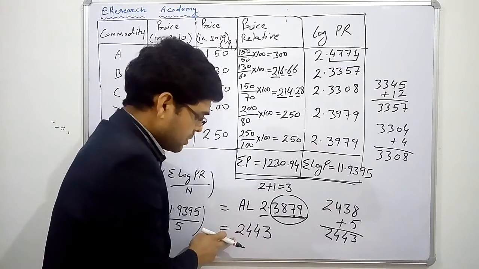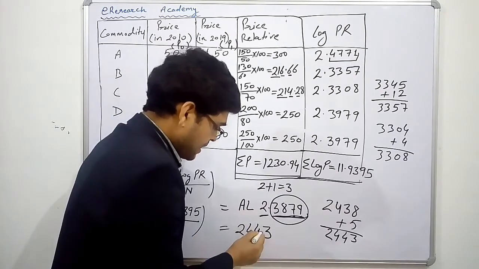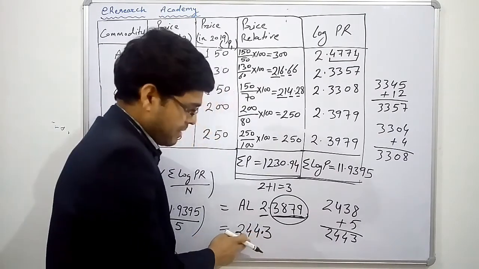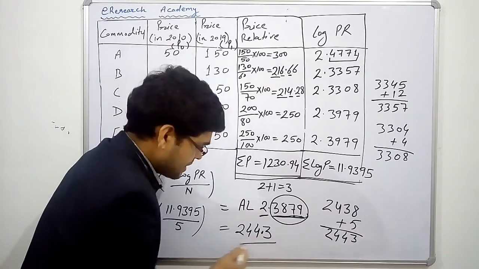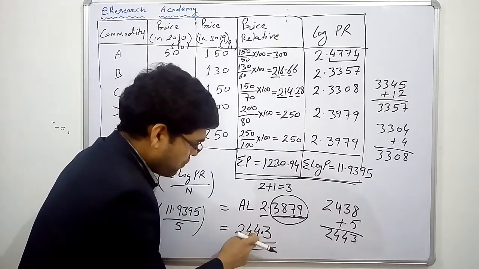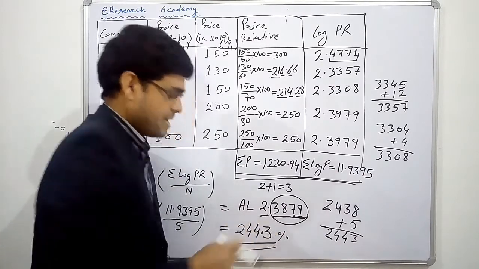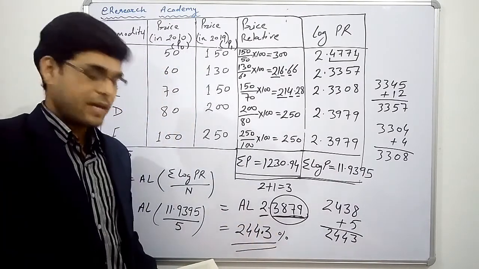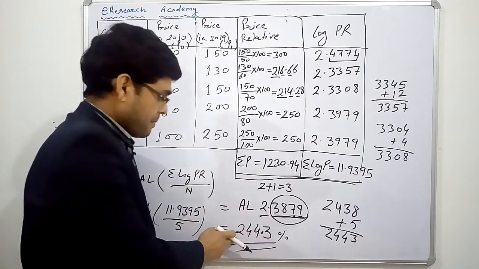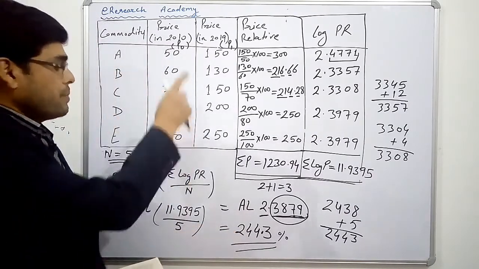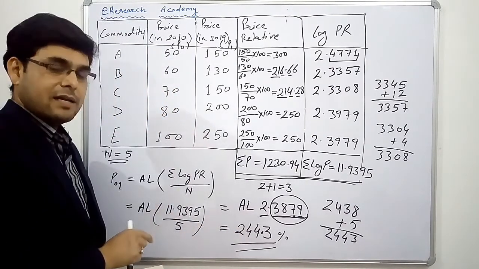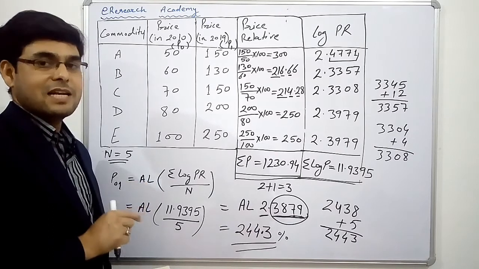After 3 digits from the left we place the decimal point. So our answer will be 244.3 percent. This is the answer by the geometric mean method under the simple average of price relatives.